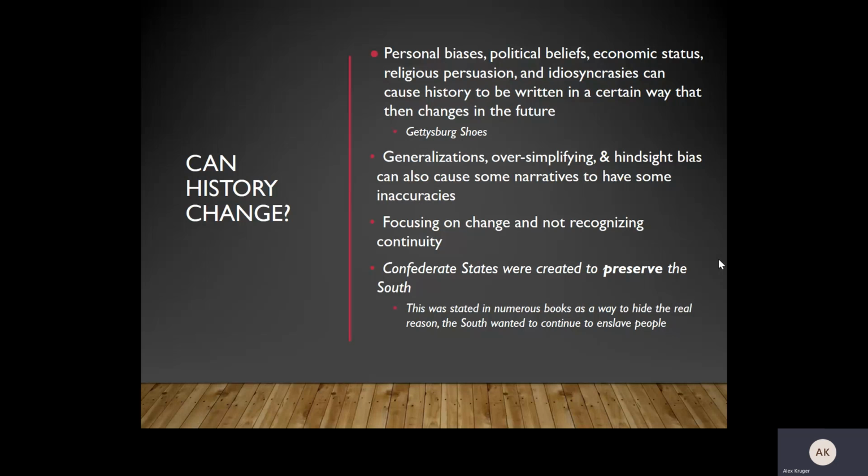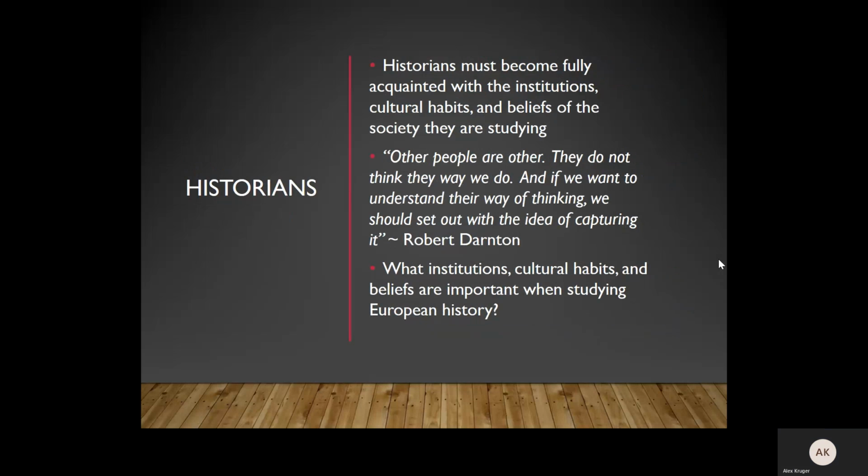And then later on in the history books, Southerners would say, oh, no, we were just protecting Southern pride and Southern freedom. And the North was being an evil invader, which is not true, but it's the way that history was told for a long time. Because history is written by the victors isn't even true necessarily, because you could still lose, and as long as it looks like you're the victor.